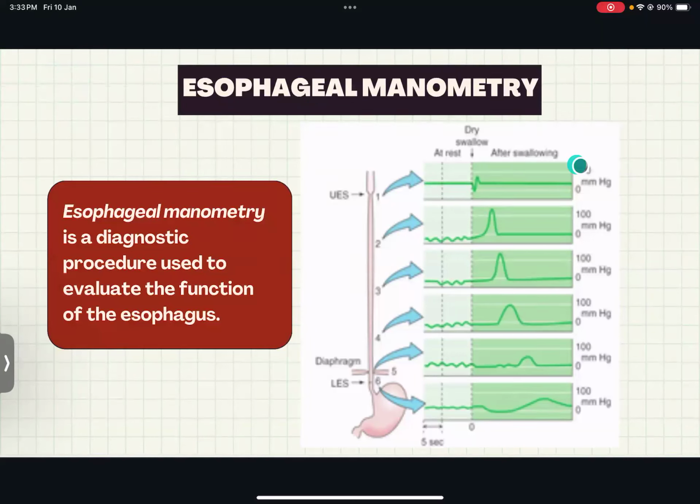But when a bolus is present there, you guys can see the quick increase in pressure in the esophagus, and this is what we call the esophageal body phase.